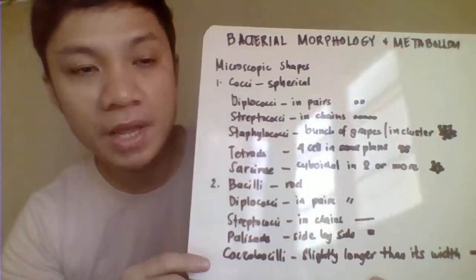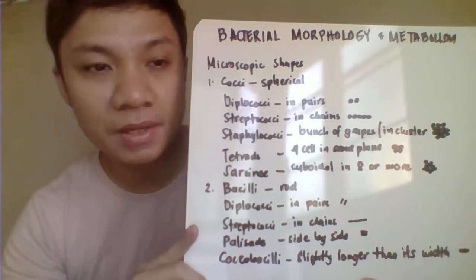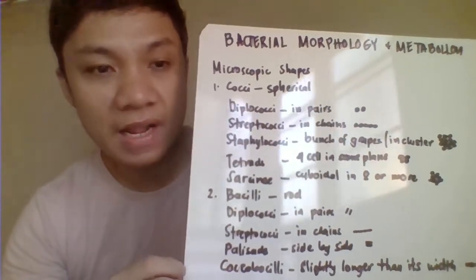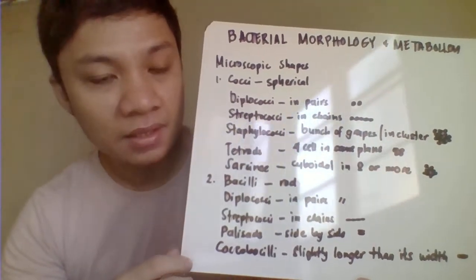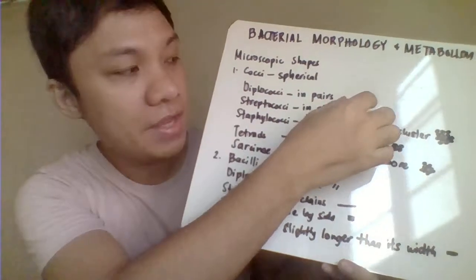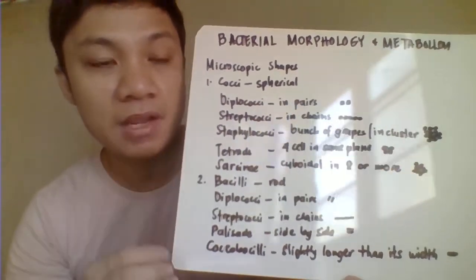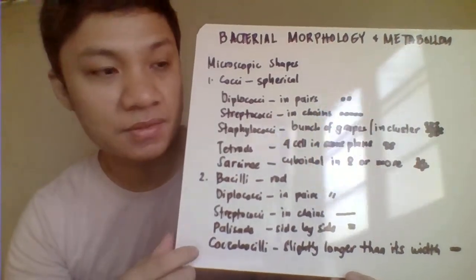Okay, the first one, we have the cocci. When we speak about the cocci, those are bacteria which are round or spherical in shape. For the arrangement, they could have the diplococci. Diplococci are round bacteria wherein they try to be in pairs.